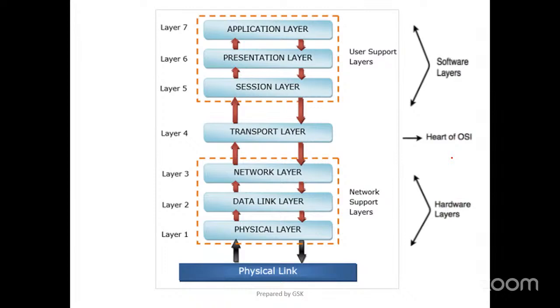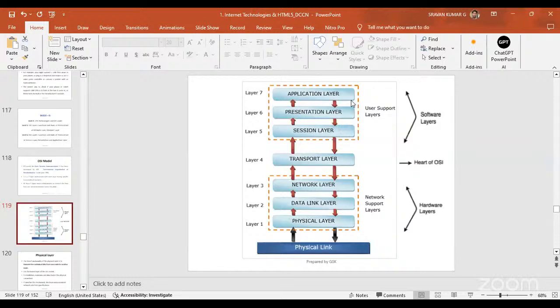The bottom 3 layers are called hardware layers, also called network support layers. The top 3 layers are called software layers, because we work with different software in the upper 3 layers. The middle one, the transport layer, is called the heart of the OSI model, acting as the interface between the upper three and bottom 3 layers.